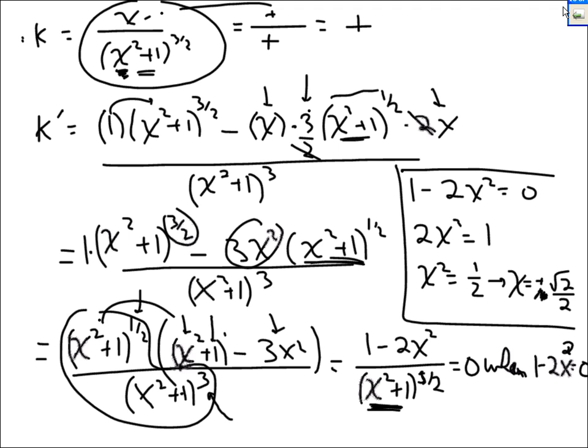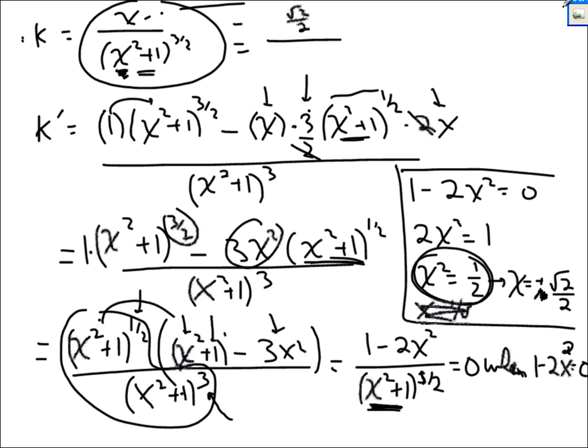Now, if you want to know what that max is, well, just plug it in. The numerator is the square root of 2 over 2. The denominator, x squared. We have what x squared is.